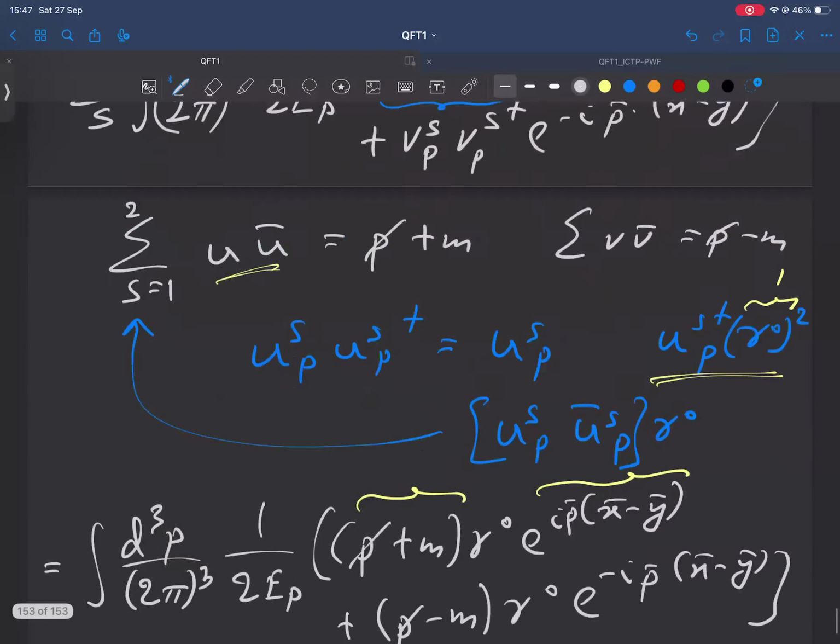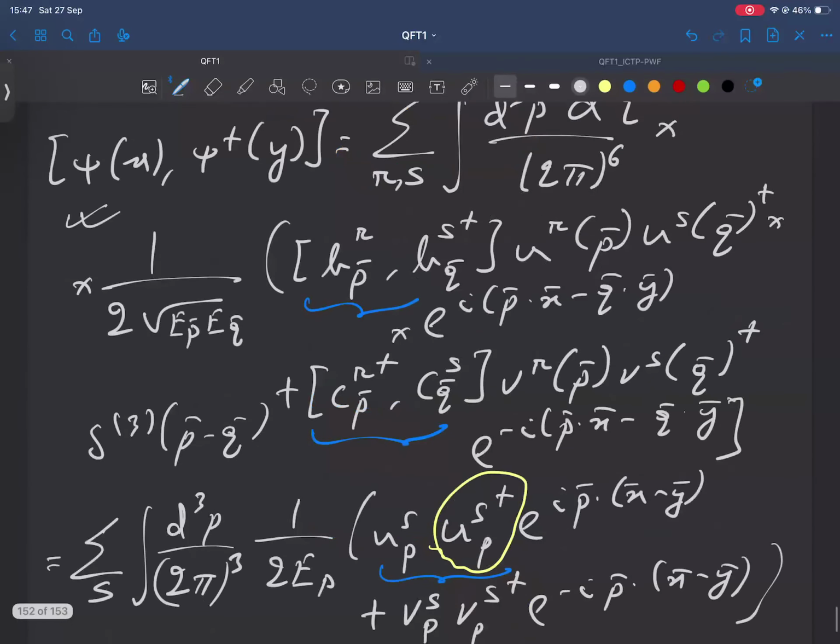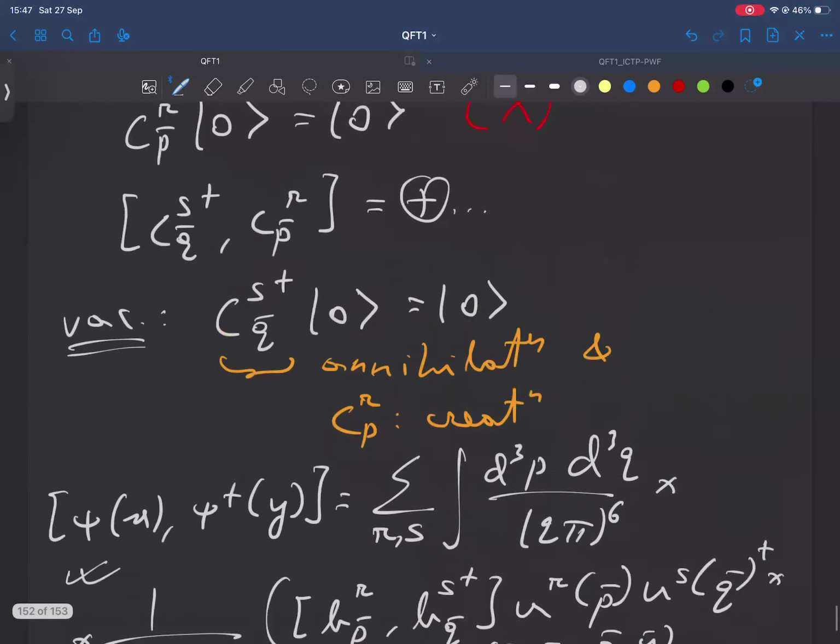So indeed, taking this minus sign was crucial, and you might think where in this equation we use the minus sign, and that is precisely here.